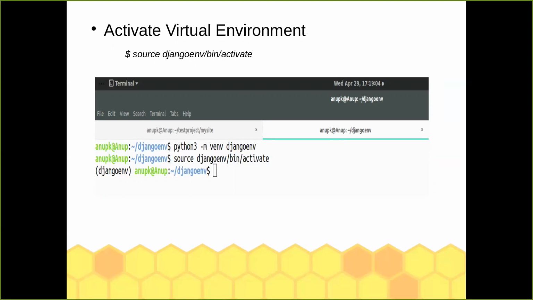After creating a virtual environment, activate it by using the following command: source virtual-environment-name/bin/activate. Here, Django env is the virtual environment name.